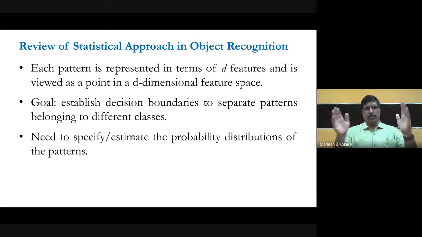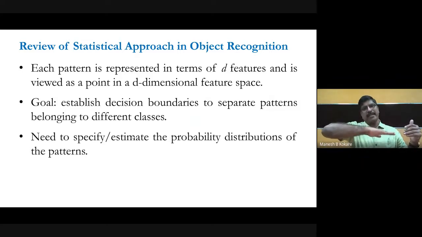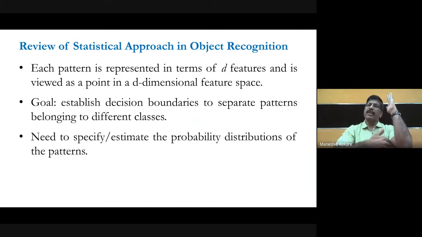If you extracted two features, one feature will be represented on one axis and the other on another axis. If you extract a third feature, it will be represented on a third axis. And if you extract 10 features, the feature space will be 10-dimensional. When you represent this feature vector in this feature space, it is viewed as a point in a 10-dimensional or D-dimensional feature space.